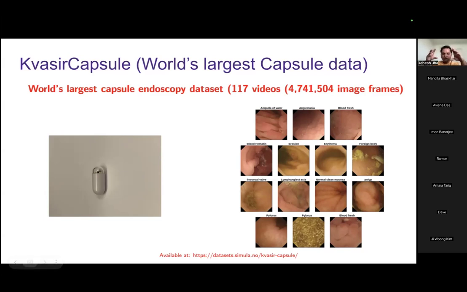If you can use some video processing algorithm and give the result in 5 minutes or 2 minutes, it will help a doctor a lot. So this is the clinical problem, and we tried to perform some classification tasks. For now, what I would like to say is that this dataset is publicly available.